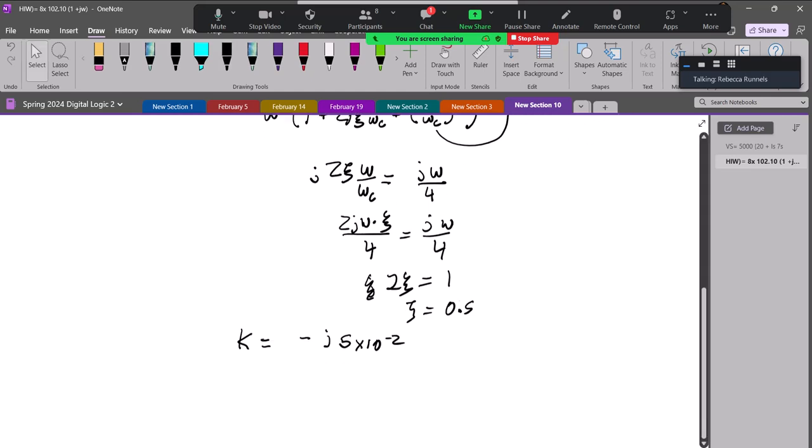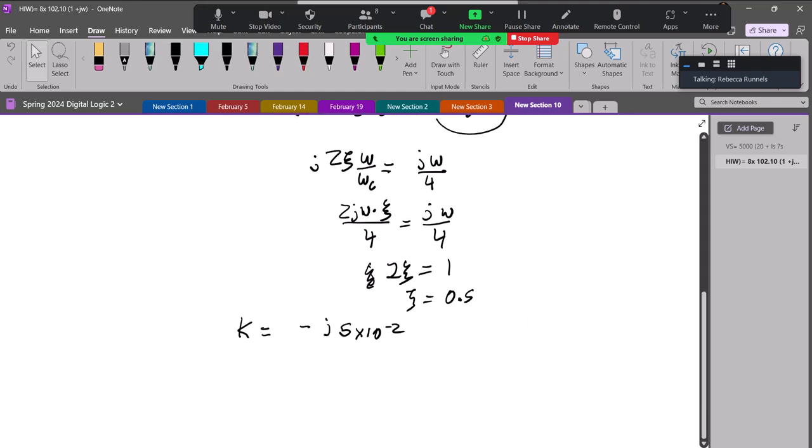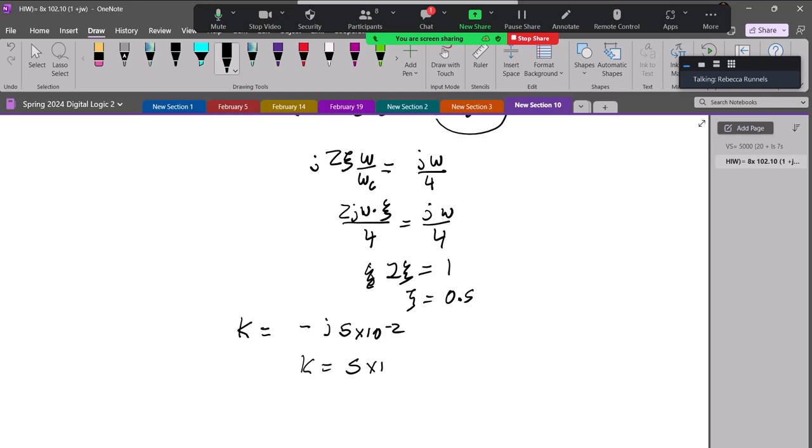And what this tells me, okay, this was a problem from the book, but I didn't see that it told you this in the book. So our constant term is really 5 times 10 to the negative 2. What the minus j does is it's for the phase. So if you recall, for the phase, if the constant is greater than 0, then your phase for that part is 0.